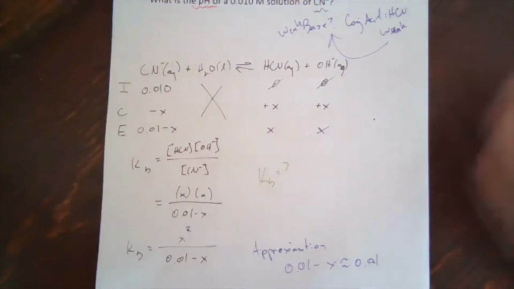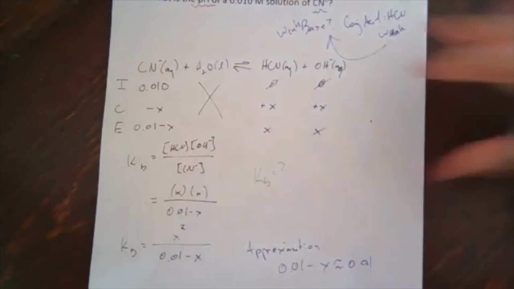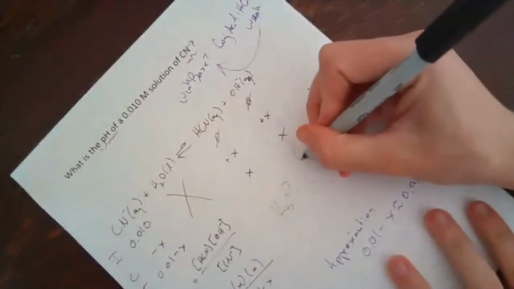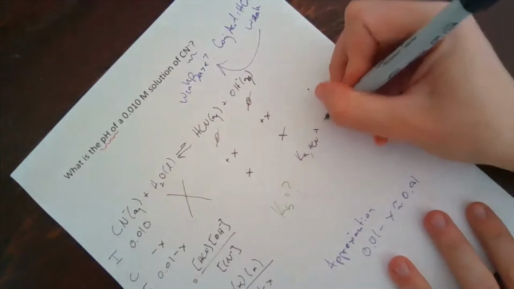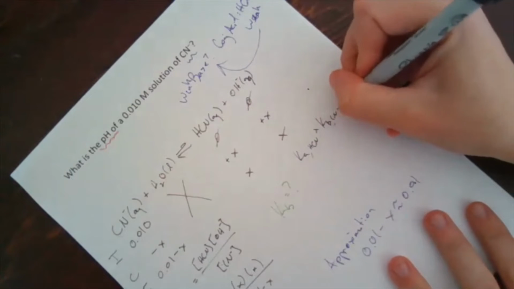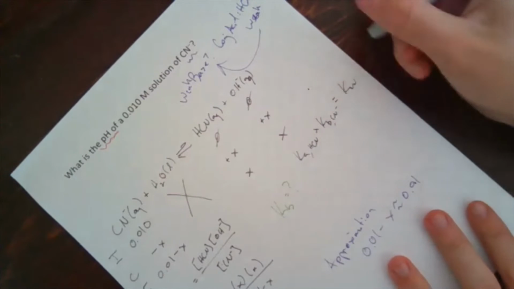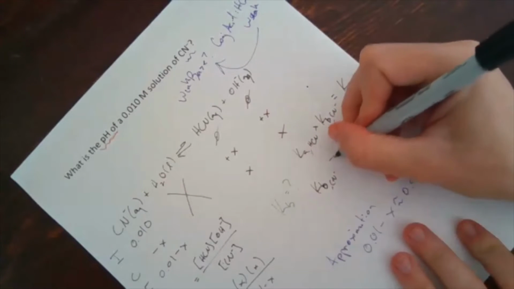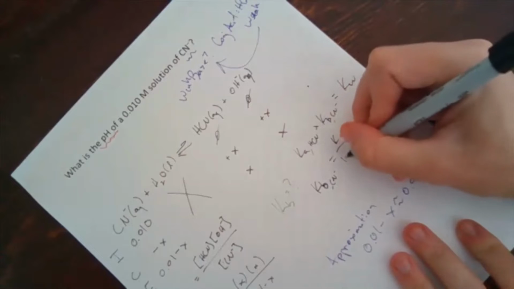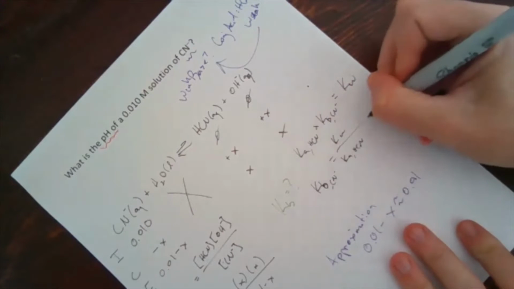And so we know that the tabulated data is always Kas, the acid dissociation constants. To get the base, we can use the fact that for a conjugate pair, Ka of HCN times Kb of my CN minus is equal to Kw. So Kb of CN minus is equal to Kw divided by Ka.